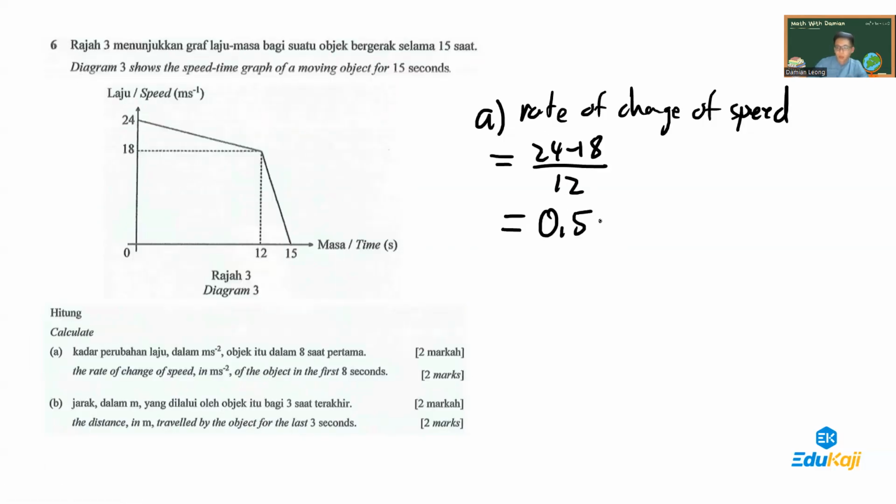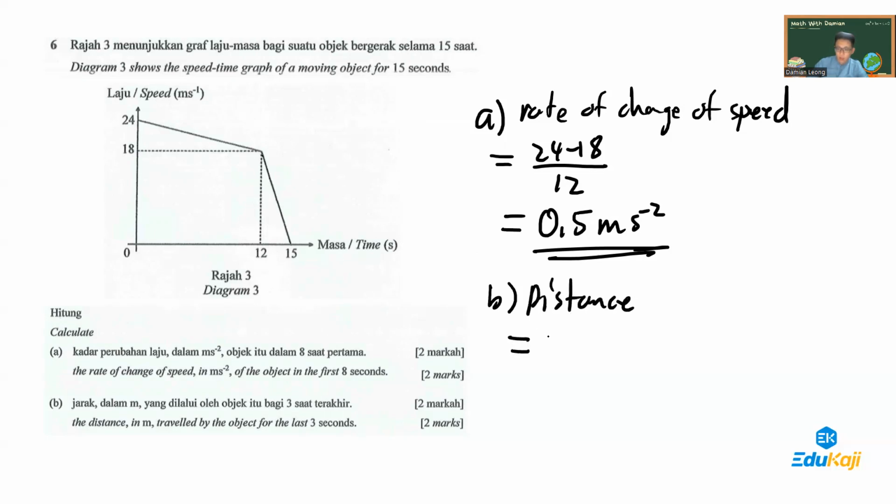So 0.5 meters per second squared. Then part B, the distance in meters traveled by the object for the last 3 seconds. Distance will be the area under the graph when it's a speed against time graph.